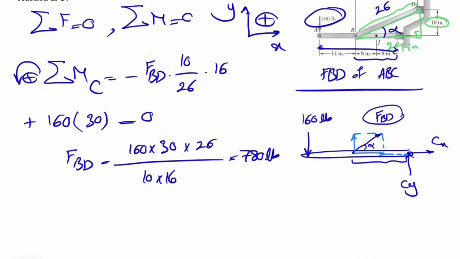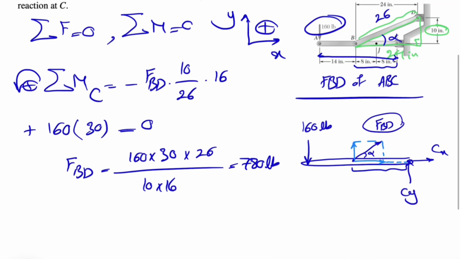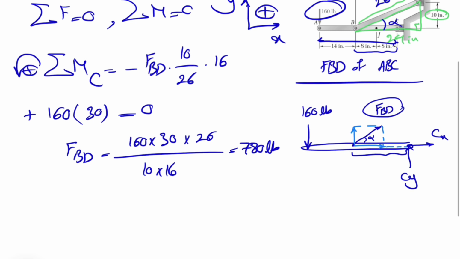But it's not over. We have to show whether the member BD is in tension or compression. The force that I'm showing in this direction is the force from the member to the joint. But we are interested in the member, which based on Newton's law has to be in the opposite direction.